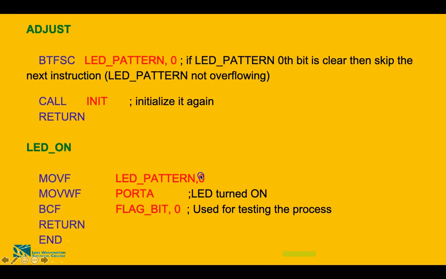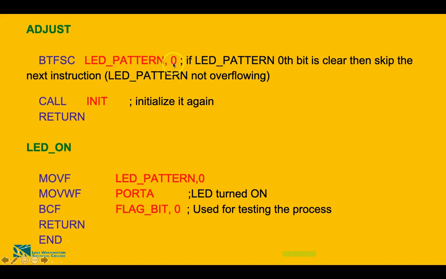Anyways, so now we're going to call this adjust subroutine. So going to the adjust subroutine, this is my adjust subroutine, and what I've done here is I'm doing the bit test F and skip if it is clear. Okay, so it is going to check the 0th bit of this LED pattern, which is the 8-bit register.